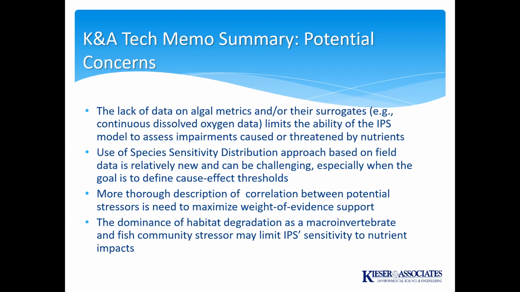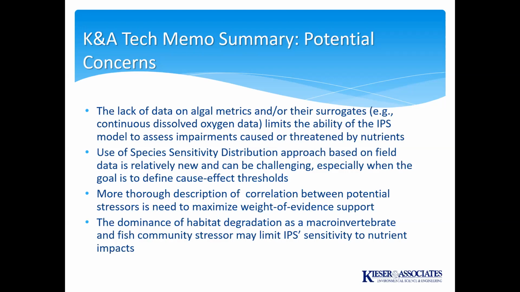And then the fourth item on this page, clearly habitat degradation is a significant stressor for both macroinvertebrate and fish communities. It may have an impact on limiting the IPS sensitivity to nutrient impacts.